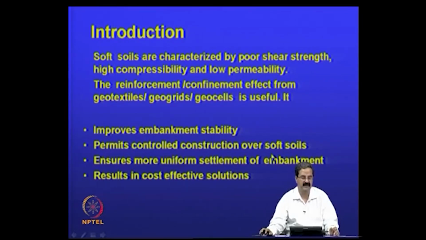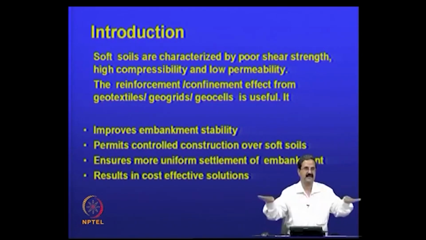In many soft soil areas, the soil is so soft and you bring in some other material like sand. Normally an embankment has to be constructed with a good material, say for example sand. If you start putting this embankment on the soft soil, there is always a loss of embankment material, sometimes to the extent of even 20 to 30%.